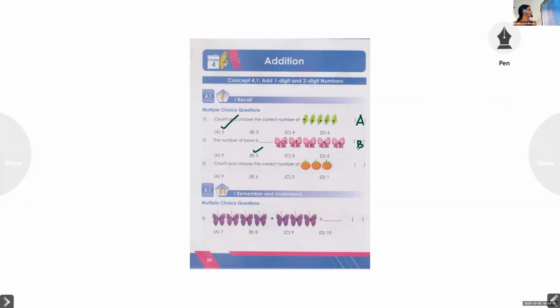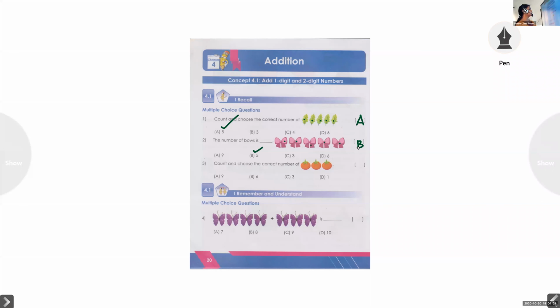Aravsi Anup, read the third question. Count and choose the correct number of tomatoes.